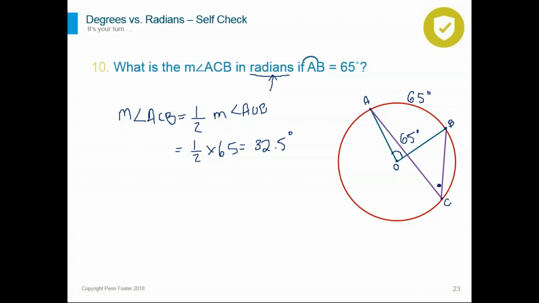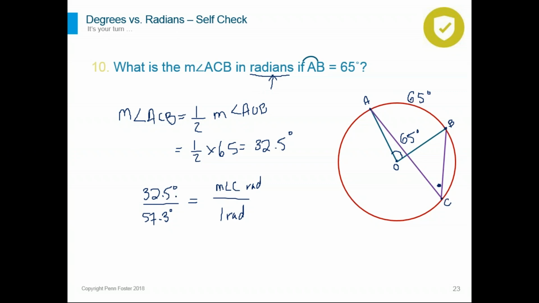So there is another step that we have to do, the proportion. 57.3 degrees is equivalent to 1 radian. That is a fact that we know. We need the angle measure C in radians, but we know the degrees, 32.5.